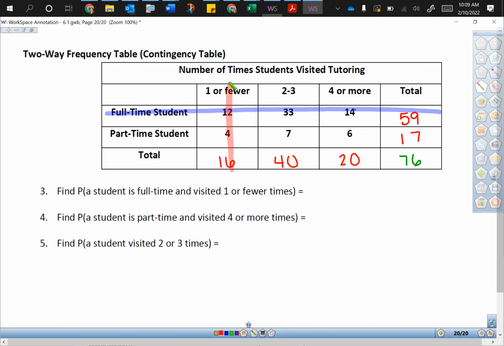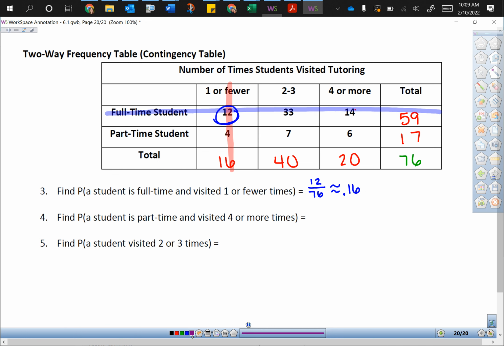So how many full-time students visited one or fewer times? 12. So the probability that a student is full-time and visited one or fewer times is 12 over what? 76. Now that can be simplified. I don't care if you simplify it or not. Let's just put it as a decimal. 0.16. Okay.